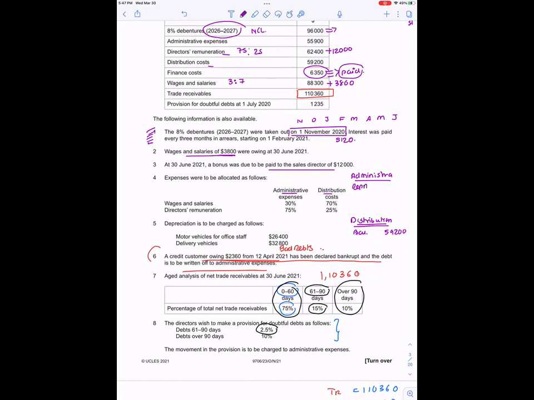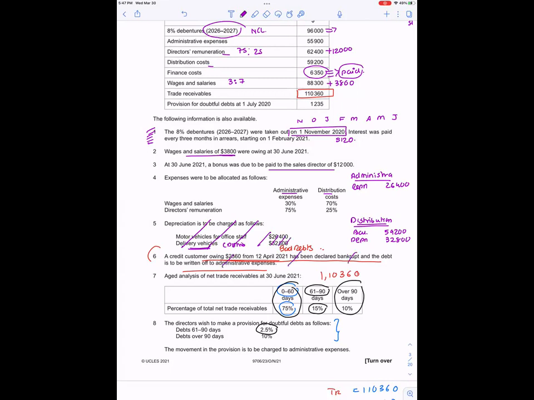So depreciation, one in administration, and one is depreciation of delivery vehicles. Delivery vehicles is for distribution, right? So this will go in distribution. With this, I have completed this part.